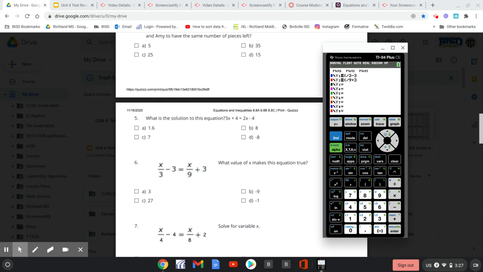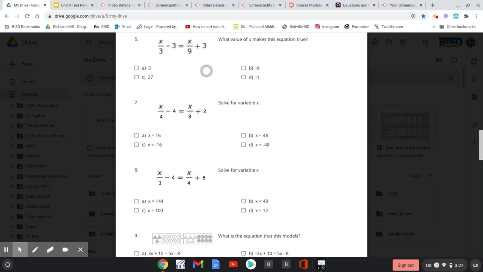We're going to hit second trace 5. There's our answer. We're going to hit enter, enter, enter. And we can see x is 27. So it would be C. x is 27.